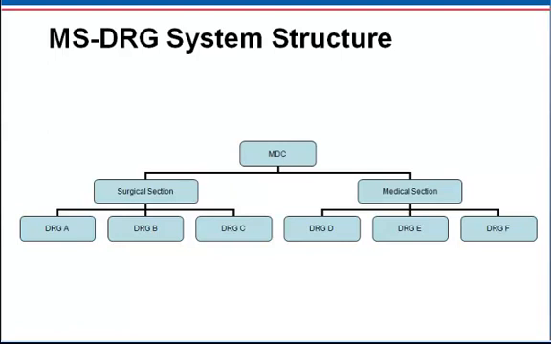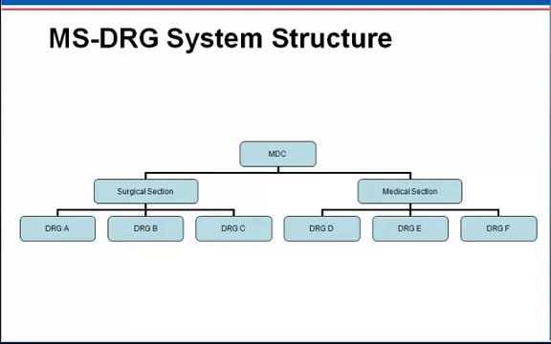So the MSDRG system is a refinement of the DRG system. It uses major complications or comorbidities, or MCCs, and also the complications and comorbidities, or CCs, those diagnosis codes that DRGs used as well.